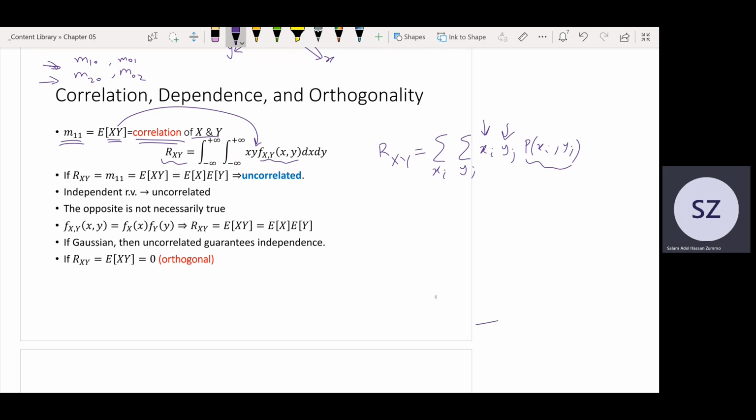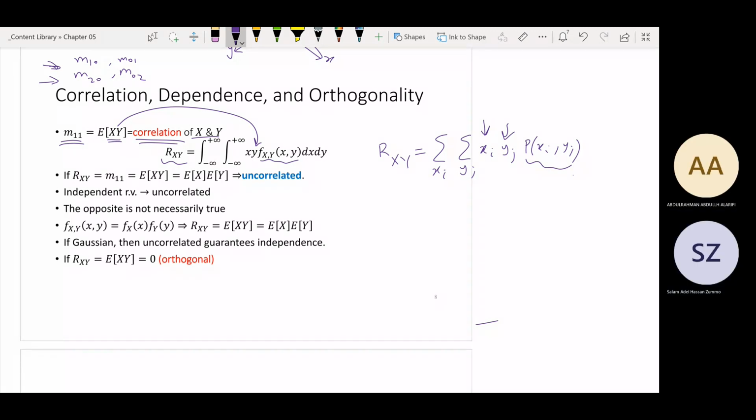Okay? So if this pair happens more frequently, it will get higher weight. If this pair happens less frequently, it will get smaller weight. Okay? So eventually, Rxy will give you the average. هنا تعطينا average. This basically gives us the average of the relationship between xi and yj. يعني خلينا نقول مرات for high frequent xi yj.